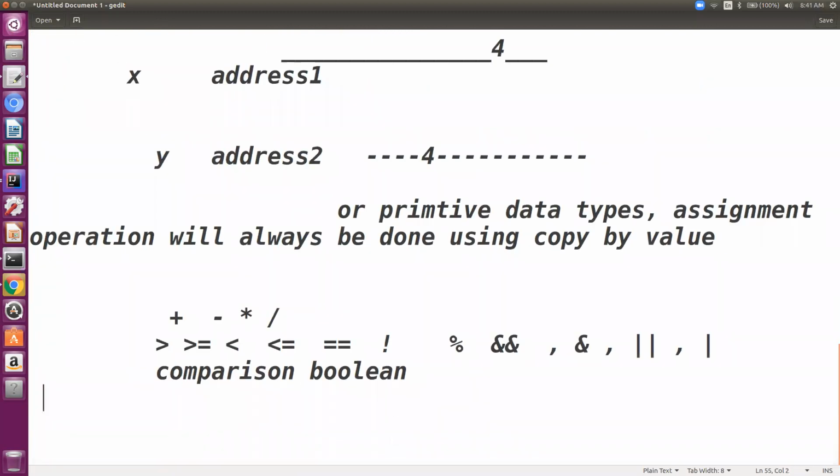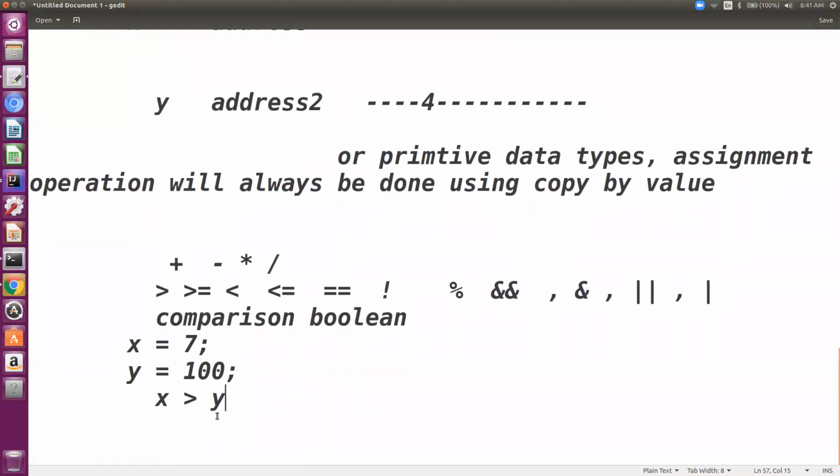That means, say, if I have a variable x equal to 7 and a variable y equal to 100, what will be the output of x greater than y? False. So you have to mentally imagine that this is going to return a Boolean which will be either true or false depending on the value of x and y.